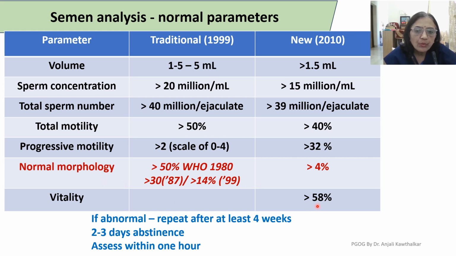Vitality should be greater than 58%. Now, if the semen analysis is abnormal, it should be repeated after at least 4 weeks. 2 to 3 days abstinence is advisable before doing semen analysis, and the semen should be assessed within 1 hour of collection.